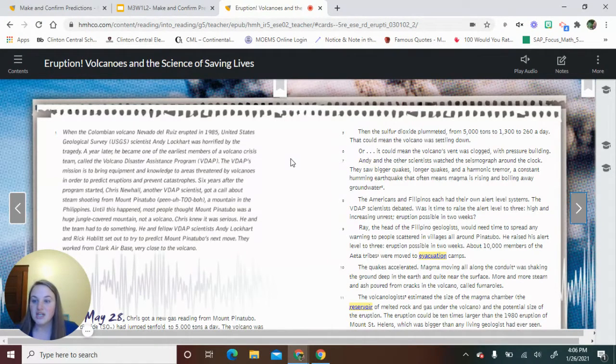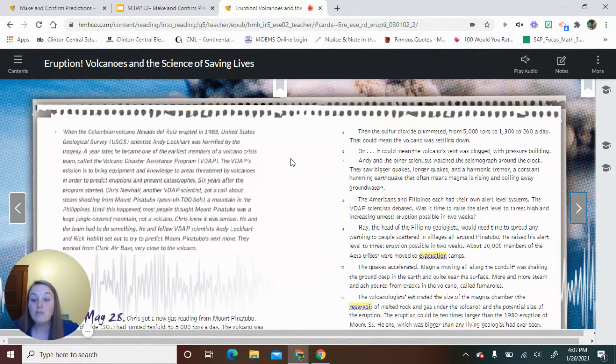The VDAP's mission is to bring equipment and knowledge to areas threatened by volcanoes in order to predict eruptions and prevent catastrophes. 6 years after the program started, Chris Newhall, another VDAP scientist, got a call about steam shooting from Mount Pinatubo, a mountain in the Philippines.